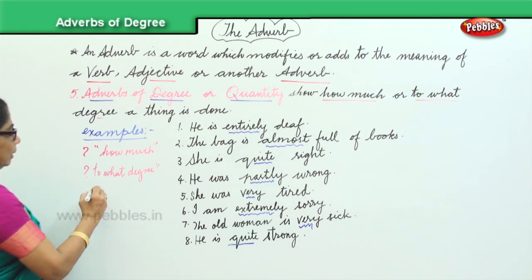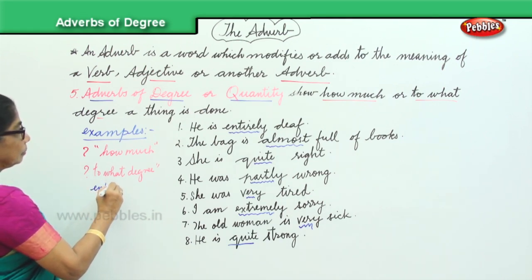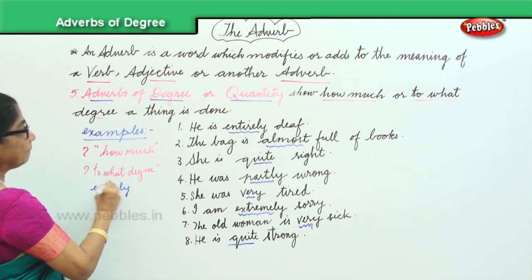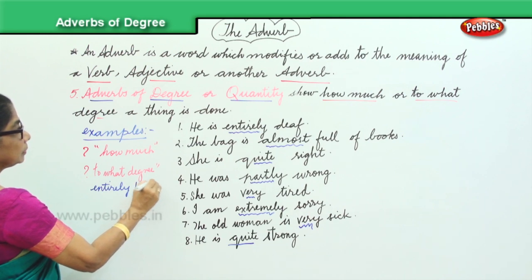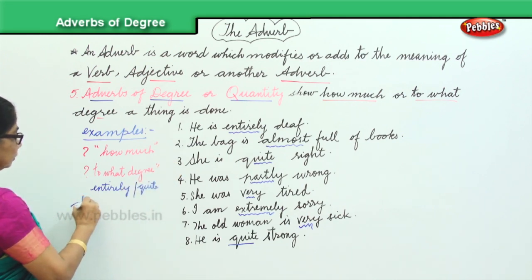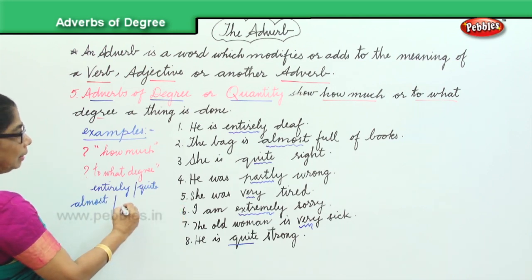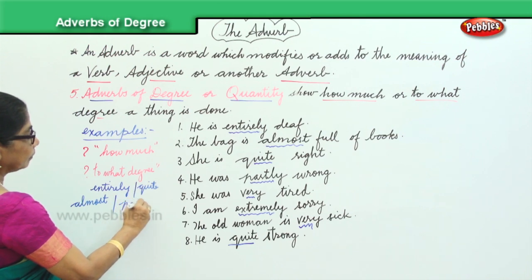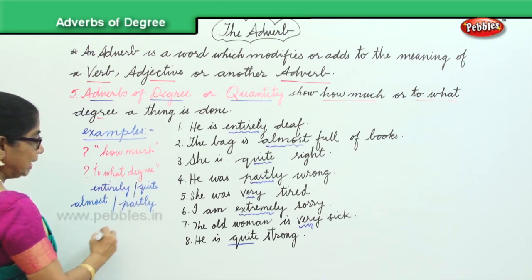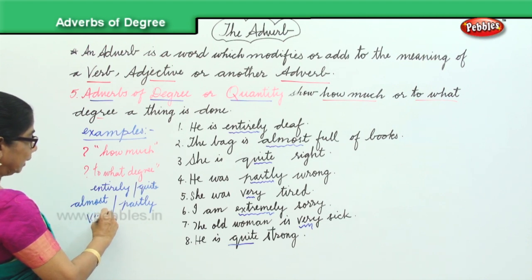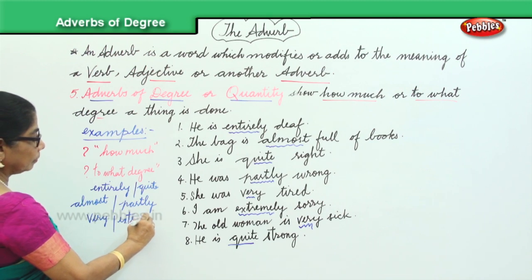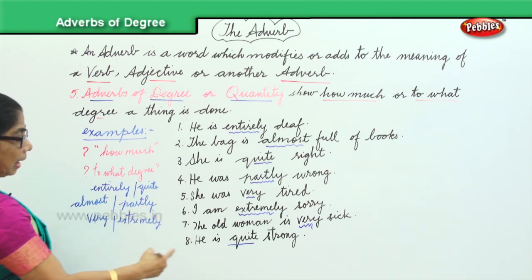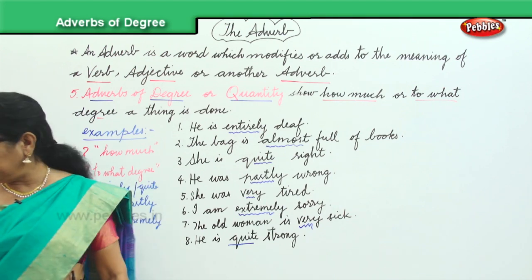So we have words like entirely, quite, almost, partly, very, extremely, and then quite and very again.